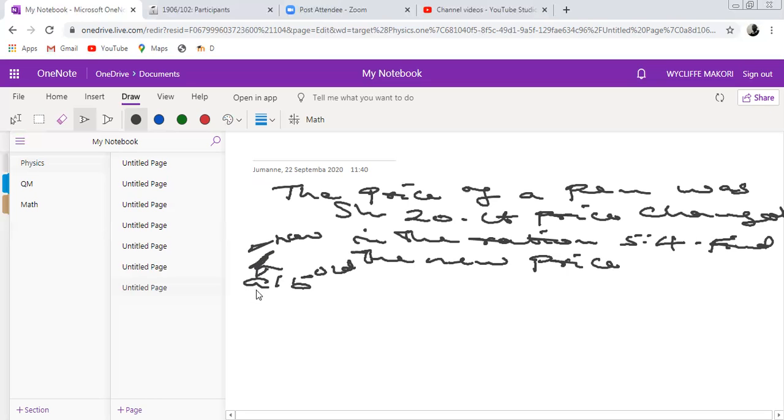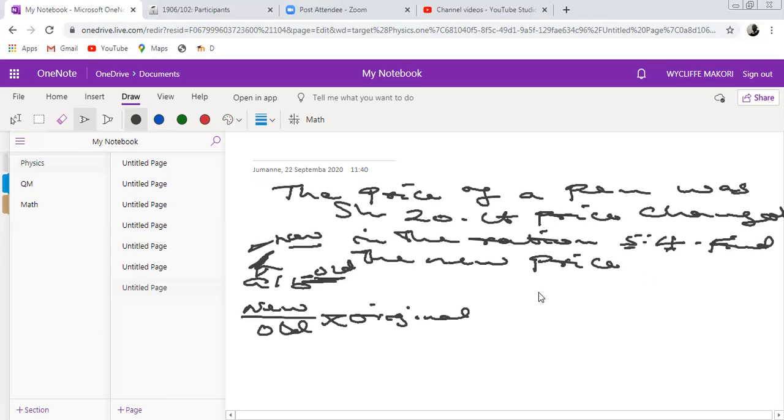When you are getting the new price or the new quantity, it should always be the new over the old, then you multiply by the original value. So in this case, our 5 represents the new, and 4 is the old.